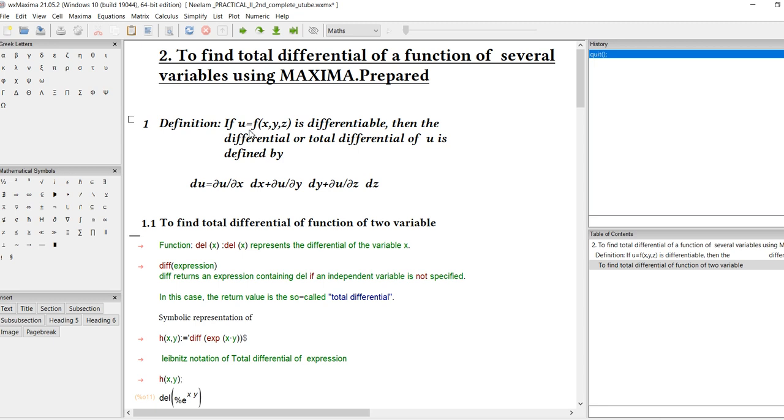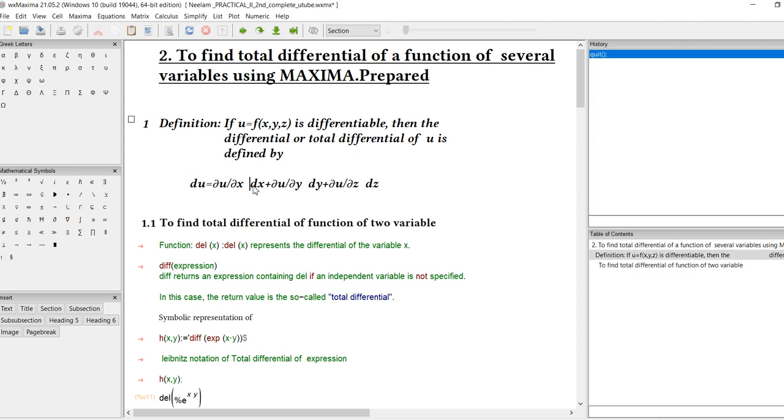First of all, u is a function of three variables, suppose x, y and z. Then the total differential of this function u is given by ∂u/∂x dx plus ∂u/∂y dy plus ∂u/∂z dz.